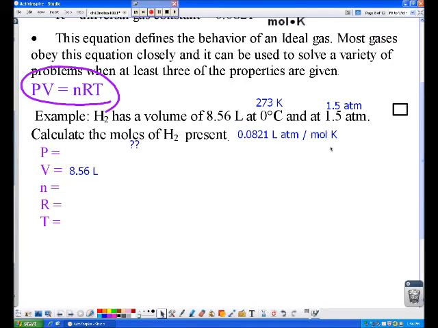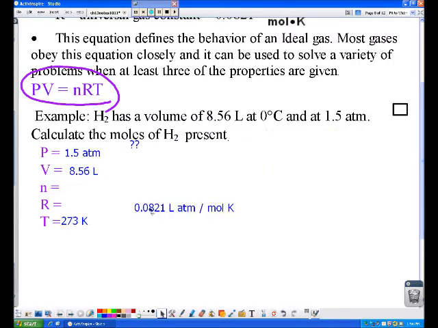The pressure is in atmospheres, and so is R. So we don't have to do anything there. R is R. And then moles is what we don't know. So when we get our answer, the atmospheres will cancel the atmospheres out. The liters will cancel the liters out. The Kelvin will cancel the Kelvin out. What's not canceling?